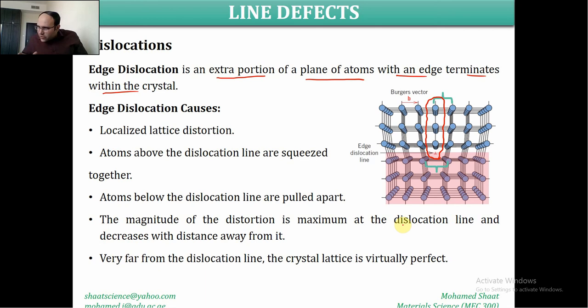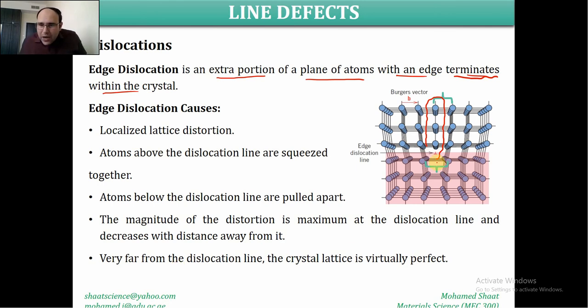If it splits the crystal, it will not be counted as a dislocation or edge dislocation. So the condition for an edge dislocation is that it should terminate inside the crystal structure. Like this is the crystal, this plane is not continuous. Somehow this plane ends in the middle, inside, and terminates inside the crystal, so that's why it will be counted as an edge dislocation. So what is the edge dislocation?